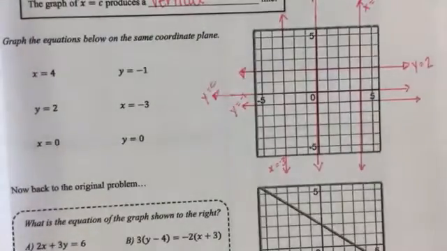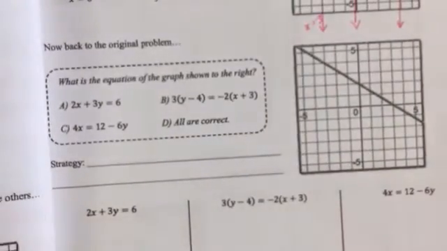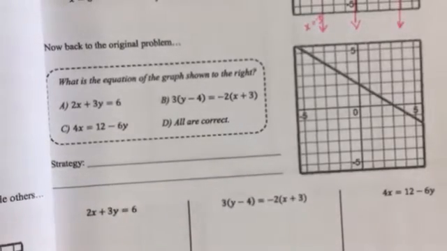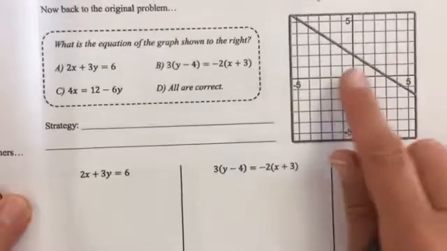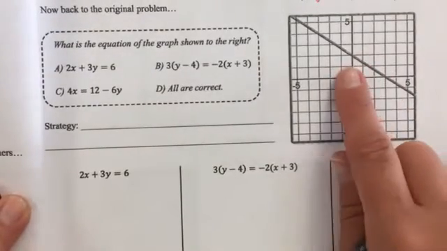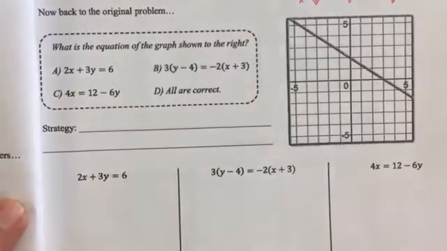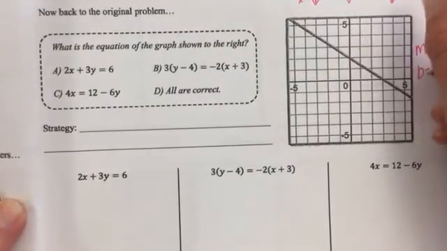Okay, so to tie this up, it brings us back to the original problem. We want to know which one of these matches our graph. Okay, so the first thing is, can you get the equation of the graph by looking at it? Yeah, so what's our m and what's our b?